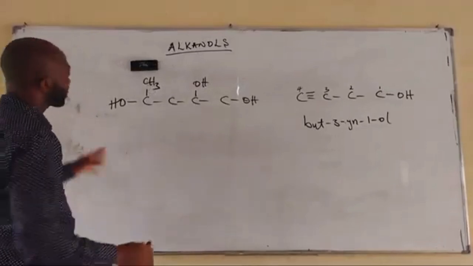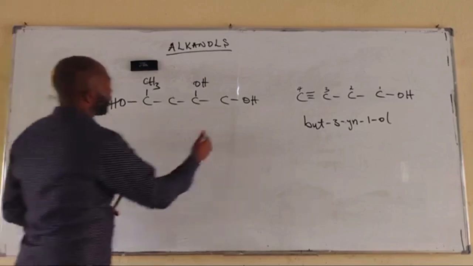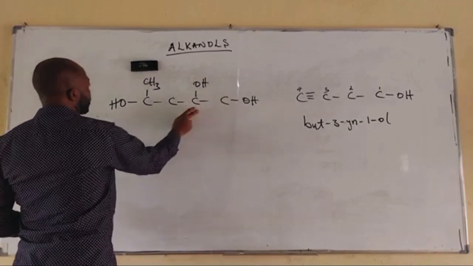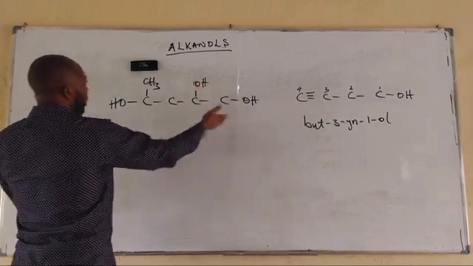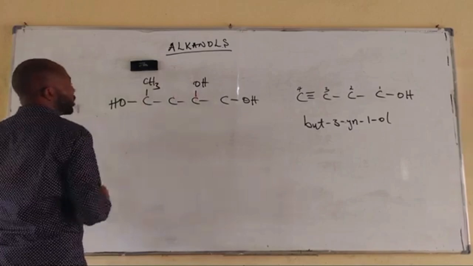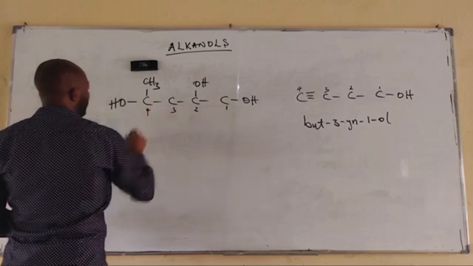We start our naming from here, because the OH positions 1, 2 will be lower than from the other direction, which is 1, 3. So I have my 1, 2, 3, 4.